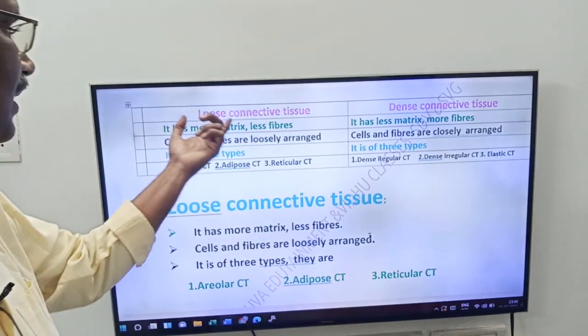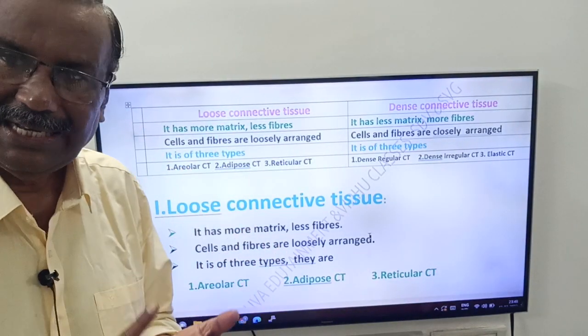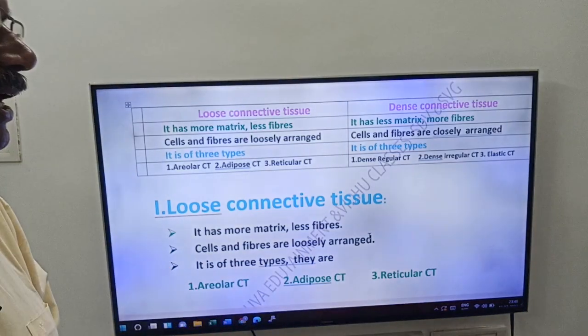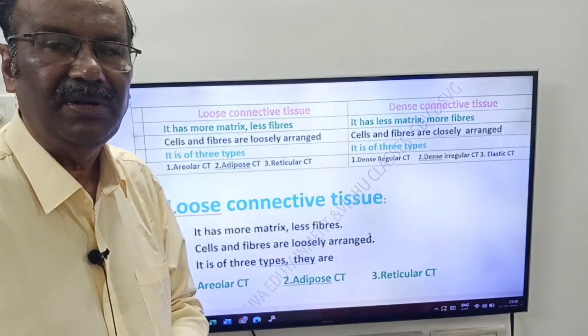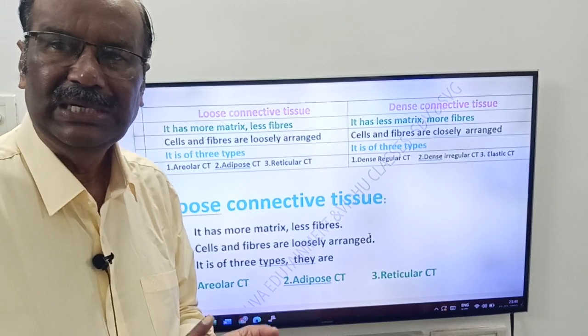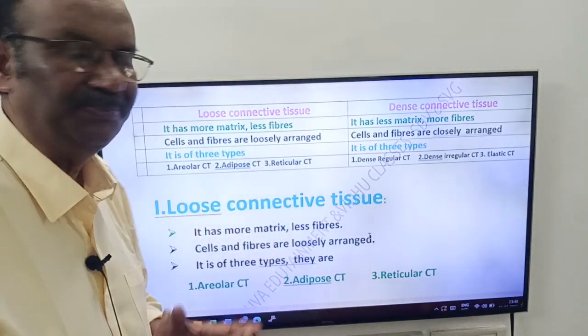Loose connective tissue is of 3 types: areolar, adipose, and reticular connective tissue. Dense connective tissue is also of 3 types: dense regular, dense irregular, and elastic connective tissue.